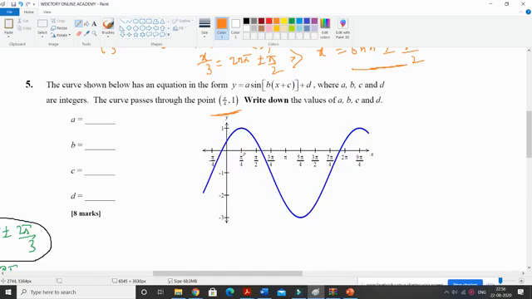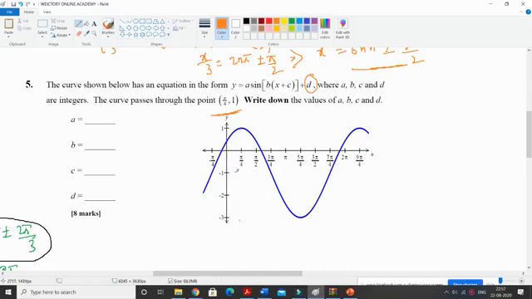Amplitude is the value of the function from the axis. So from the axis, we don't know the axis yet. We don't know what d is here, but what we can say is that its maximum value is 1, minimum value is minus 3.